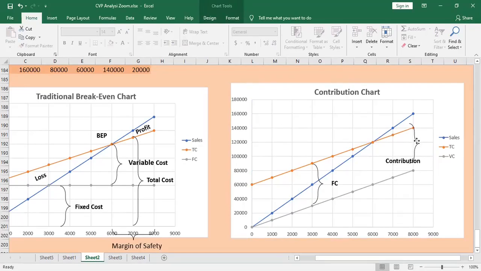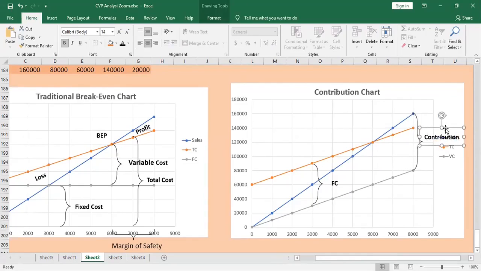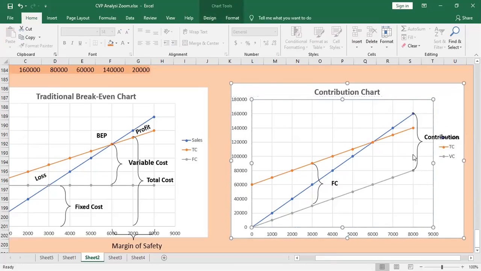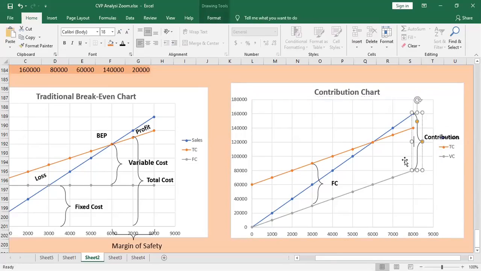When you go to 8,000, you are getting higher contribution here. So here the contribution would be equal to this. Right? So if you come back down to 7,000 units, your contribution is this. Right? I hope you understand this.